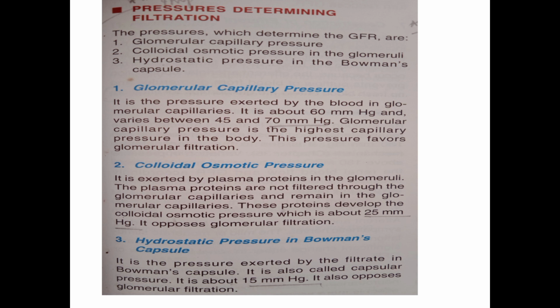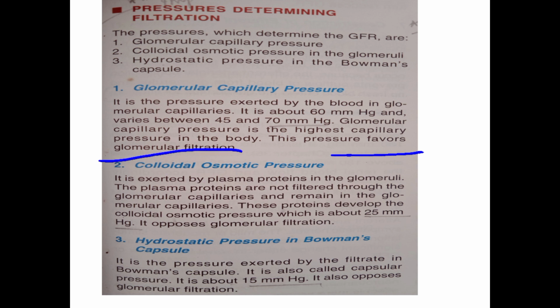The first one is glomerular capillary pressure, the pressure in the glomerulus between the afferent and efferent arterioles. It is about 60 mmHg, and it favors glomerular filtration.